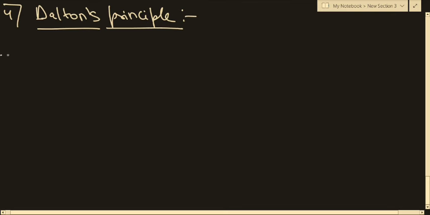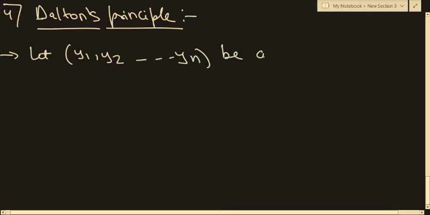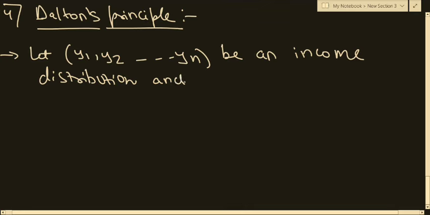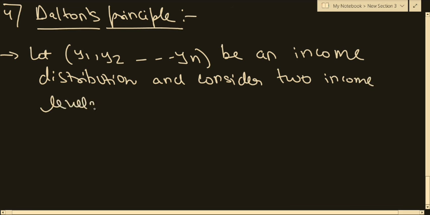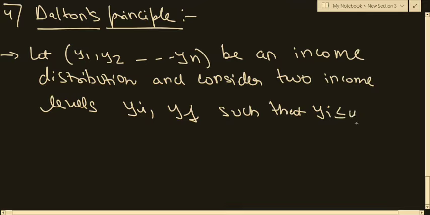Okay, so it says let y1, y2 until yn be an income distribution and consider two income levels yi, yj, such that yi is less than or equal to yj.